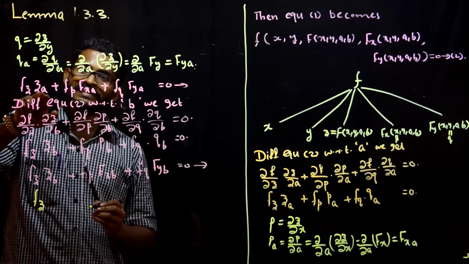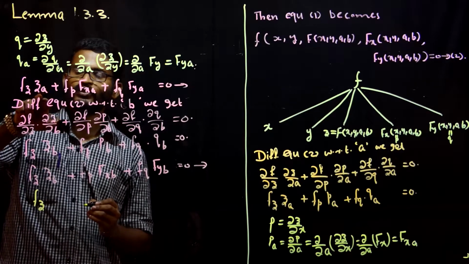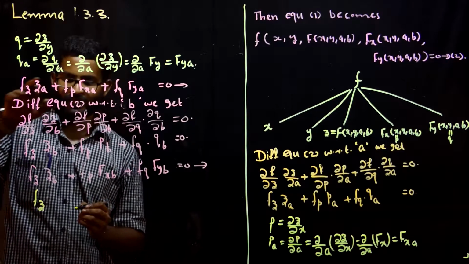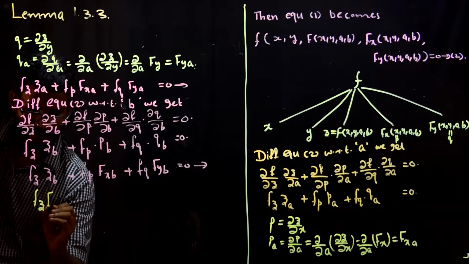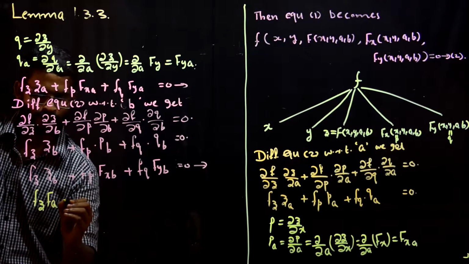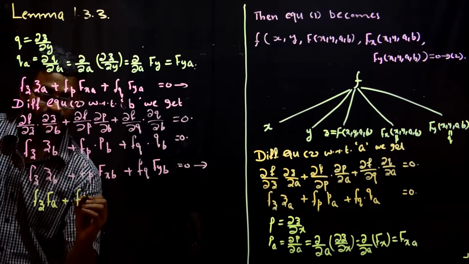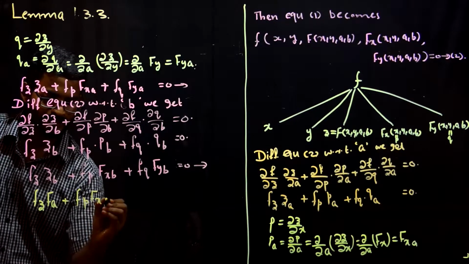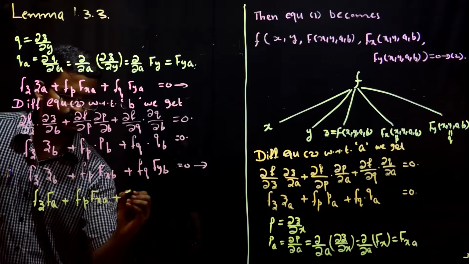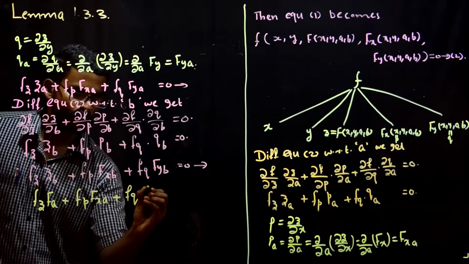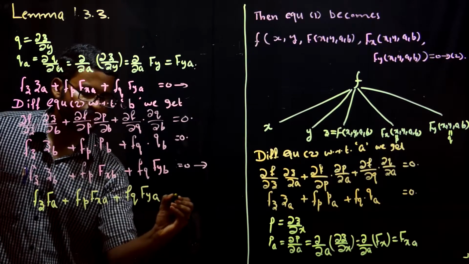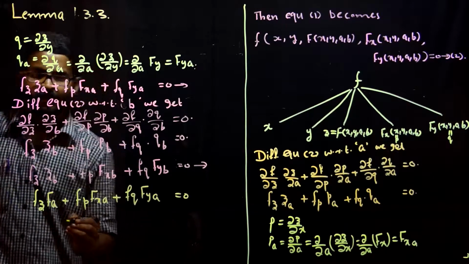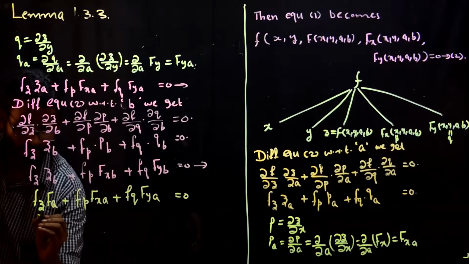We know Z is equal to capital F, so z_a means capital F_a. So f_z into capital F_a plus f_p into F_xa plus f_q into F_ya equal to 0.